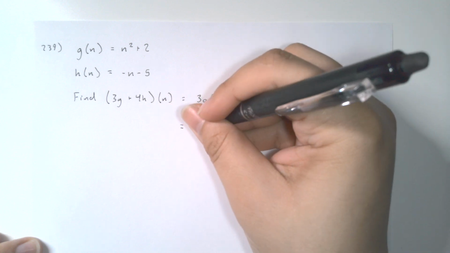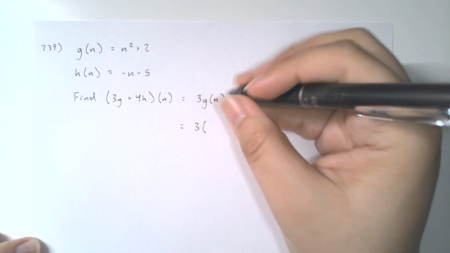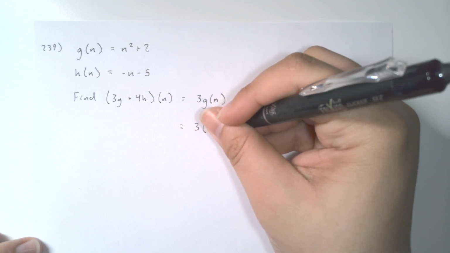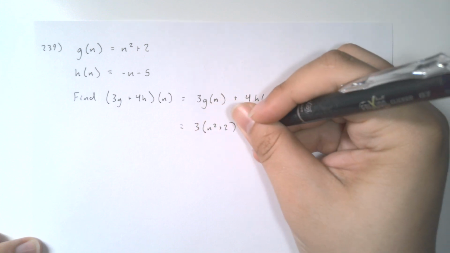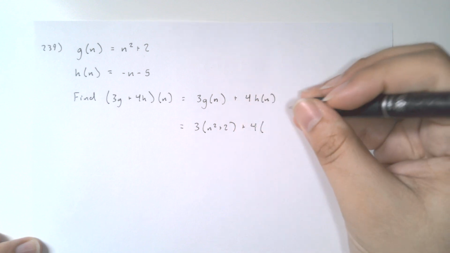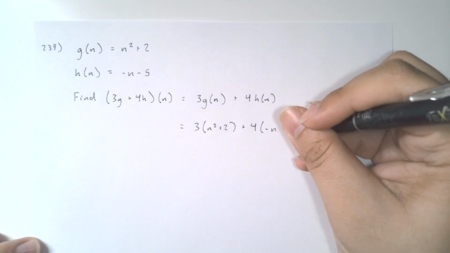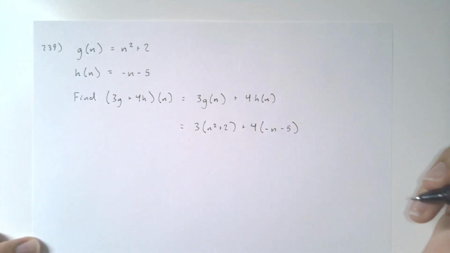And when we do that, g of n was n squared plus 2, so we have 3 times n squared plus 2, plus 4 times h of n, which is negative n minus 5.